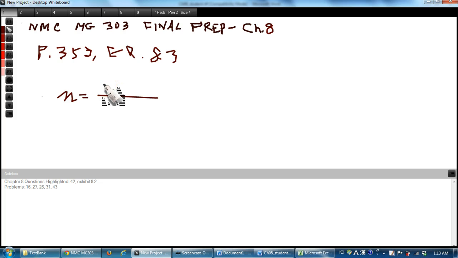In this case 95%, so 1.96, which is a typical one, squared, and then sigma squared, divided by the desired margin of error, that is 5, squared.